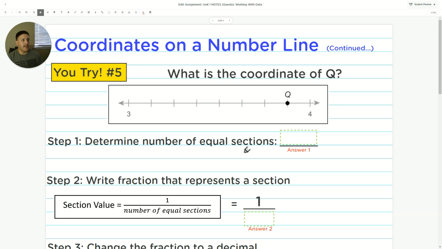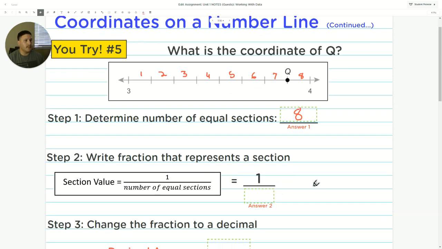All right, so determine the number of equal sections. We have 1, 2, 3, 4, 5, 6, 7, 8. We have 8 equal sections. So the fraction for one piece of this is going to be 1 over 8.